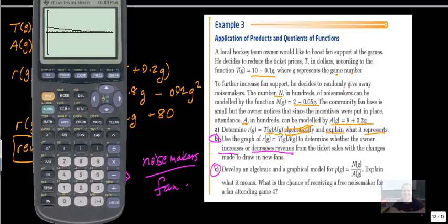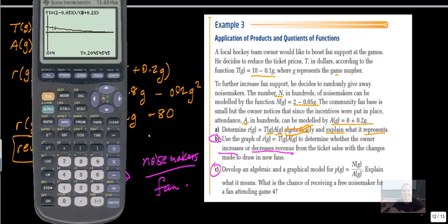So the question says, what's the chance of receiving a free noisemaker for a fan attending game 4? Well, let's see. If we calculate a value of x equals 4, that's game 4, what do we get? 0.2045. So if that's 100 noisemakers per fan, that's going to be 0.204 times 100, which is 20 noisemakers per fan.